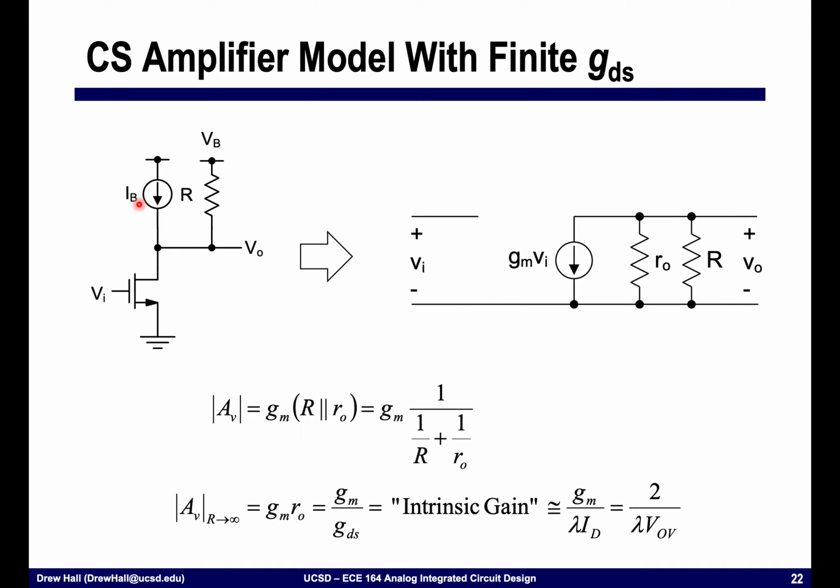And so, typical numbers for different technologies, obviously this is a function of channel length. 0.18 micron, an intrinsic gain should be on the order of about 100. 65 nanometer technology is going to be more like a gain of 40. And then once you get down to very low technology nodes, things like 22 nanometer and below, intrinsic gains are on the order of 10. I mean, they're single digit type numbers.